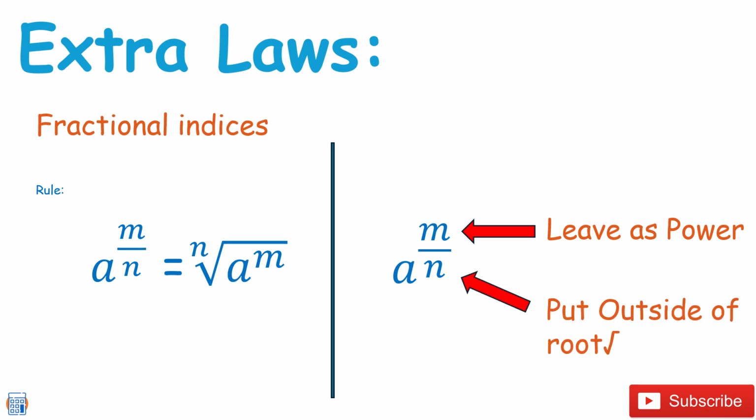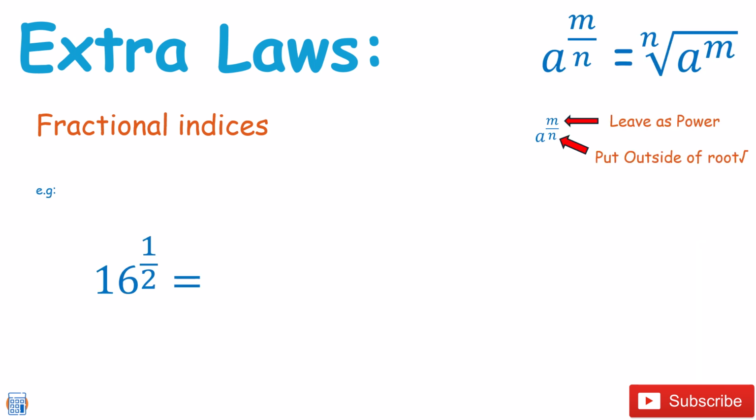So if we put that into practice, if I have 16 to the 1 over 2, the top one you leave as the power, and the bottom one you leave as the root. So the 2 goes on the outside of the root and the 1 is the power inside, which is the square root of 16, which gives you 4.